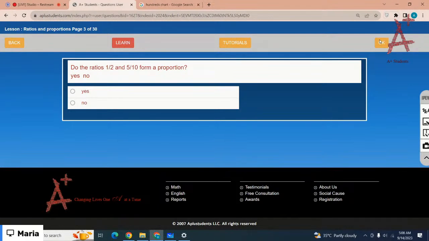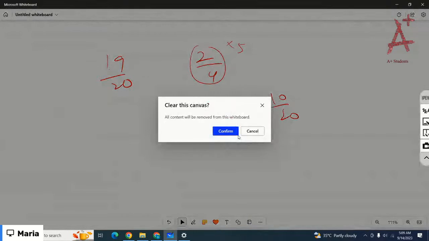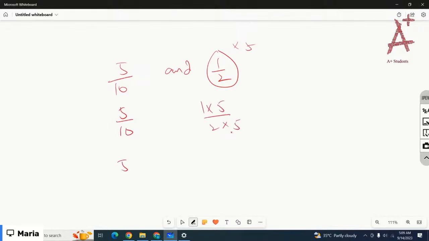The next one is, do the ratios 1 by 2 and 5 by 10 form a proportion? Let's make their denominators the same. 2 times 5 makes 10. You have to multiply this fraction by 5, so it is 1 times 5 and 2 times 5, that would be 5 over 10.